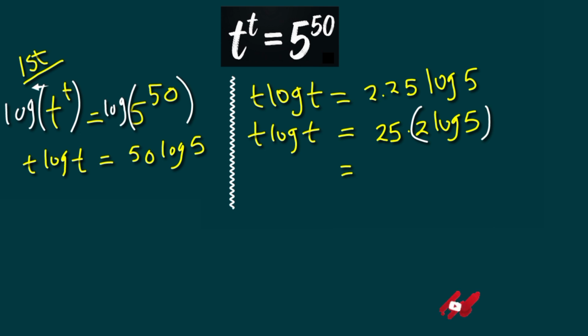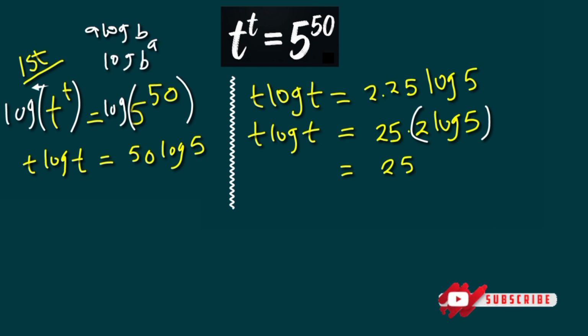And then we know from the law of logarithm that a log b is the same thing as saying log of b to the power of a. That means that we can take the 2 to the power, and therefore we're going to have log of 5 squared, and that equals t log of t.